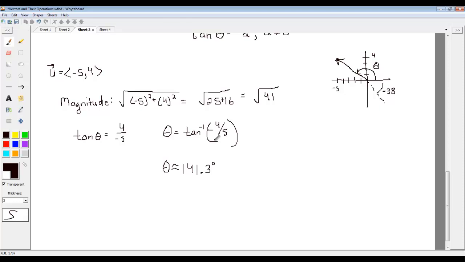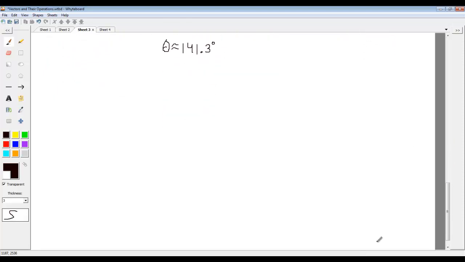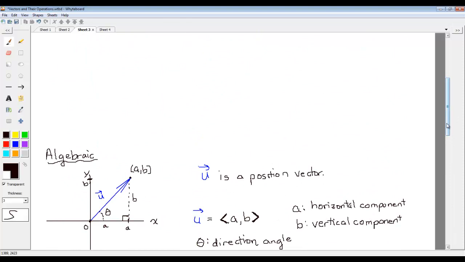Now we can take this and go even further, and we can find those horizontal and vertical components. Let's say we know the magnitude and direction angle. We can kind of work backwards and find our components too. Think about what's happening here. Let's go back up to that drawing.